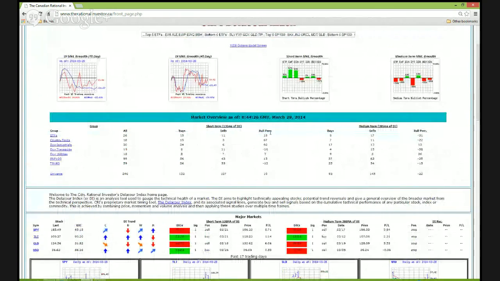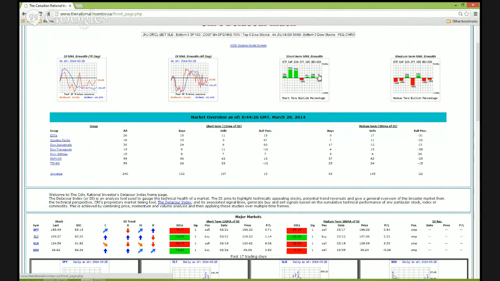Basically, it's a bullish percentage reading that I track for my market breadth indicator. At any given time, you can see what the bullish and bearish percentages are in each of the different sectors followed. The best way to use this tool is when the market gets overly bullish or overly bearish.